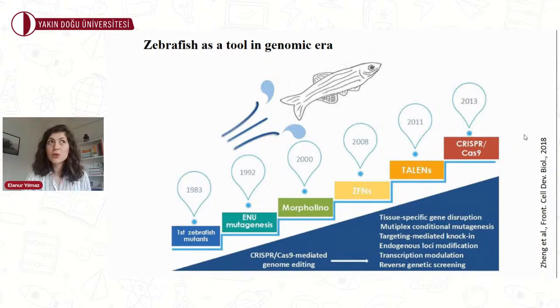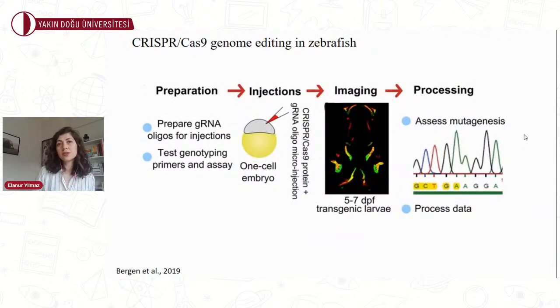So we are as enthusiastic about it as we are about zebrafish. Let's have a closer look at how we can make rapid and efficient mutagenesis using CRISPR-Cas9 genome editing in zebrafish. This is a very brief explanation of the protocol that can be used to generate mutations in a gene of interest.